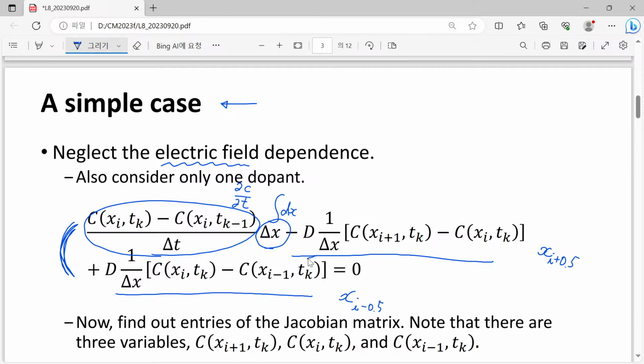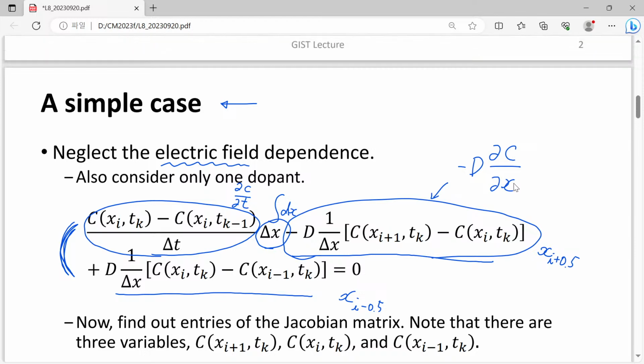What is it? This is the discretized version of our diffusion flux, minus D times the partial derivative of concentration with respect to the real space position x. This is quite understandable, and we have already done it for numerical calculation.